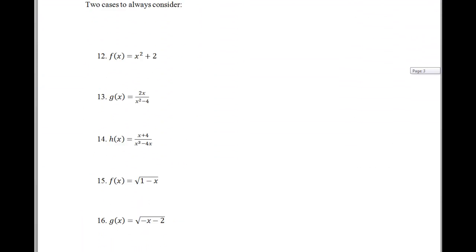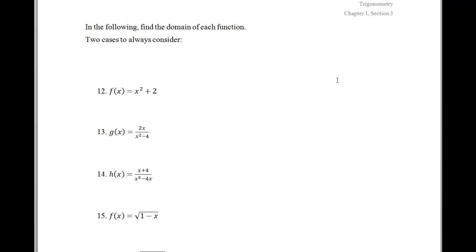Now, to wrap up the third page of this first part of the video, we're going to look at domains of functions. When we look at the domain, we're going to have two things to consider. You will always have restrictions on your domain if you have a denominator, because if the denominator is ever 0, you're going to have a division by 0 error.